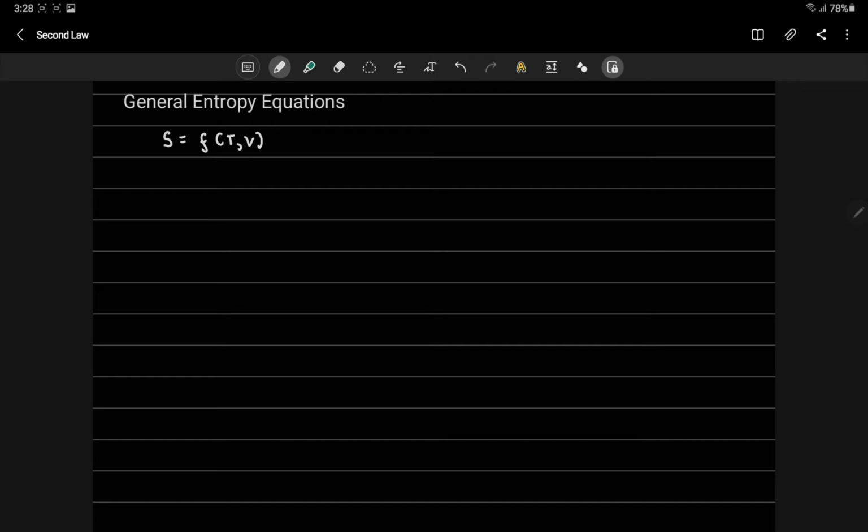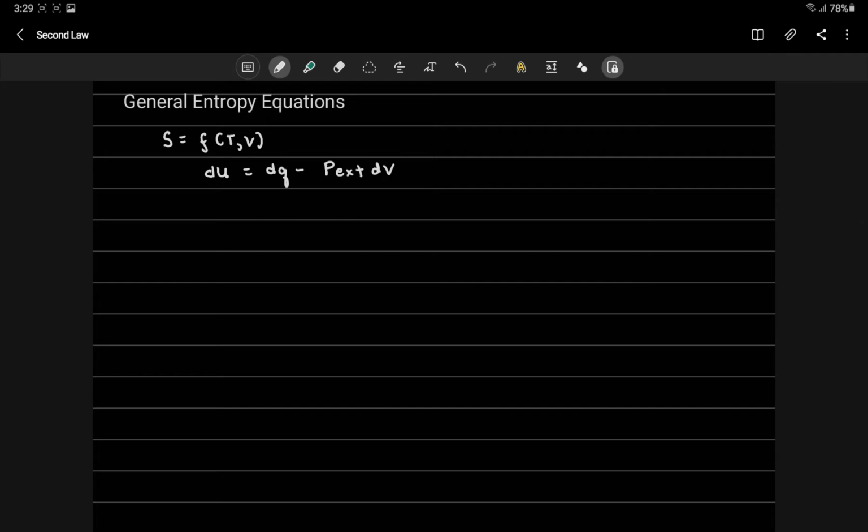So, we will start with the expression that the change in internal energy is equal to dq minus p external dV. And you're very familiar already with this equation. It came from our first law mechanics, right?